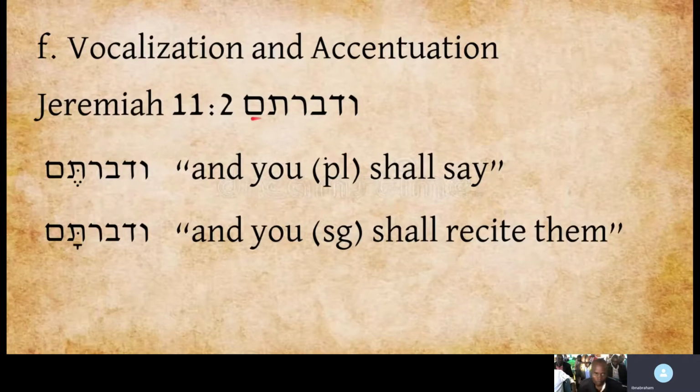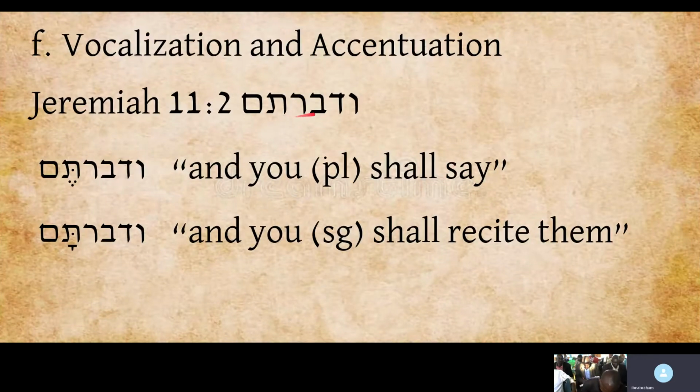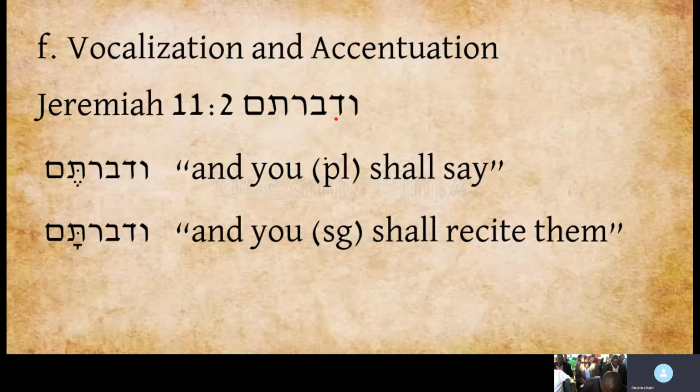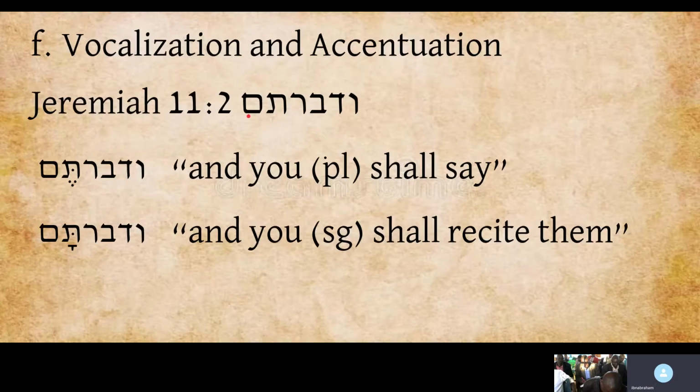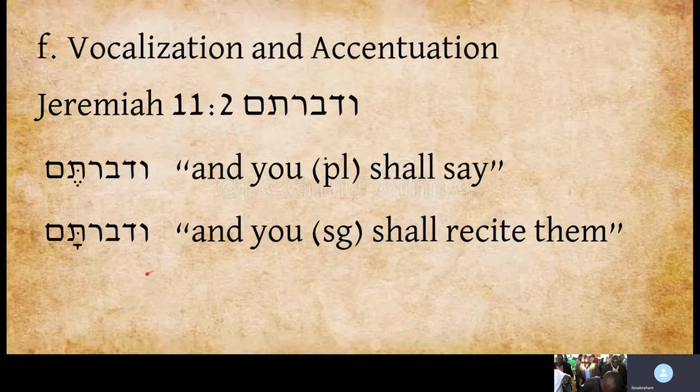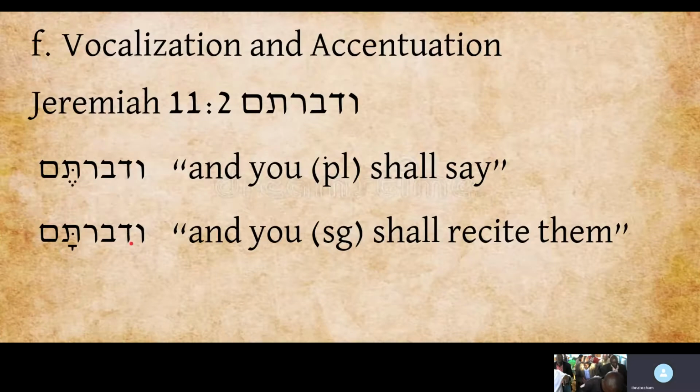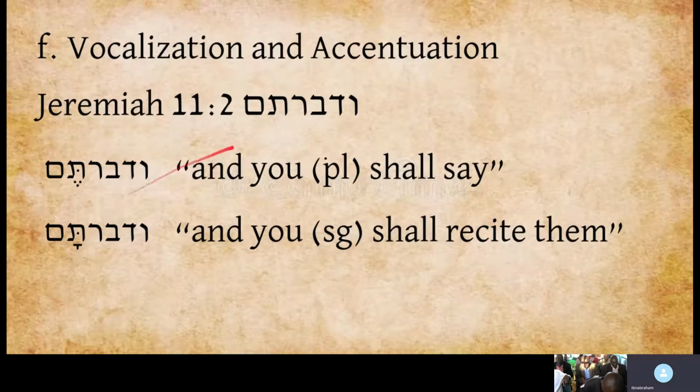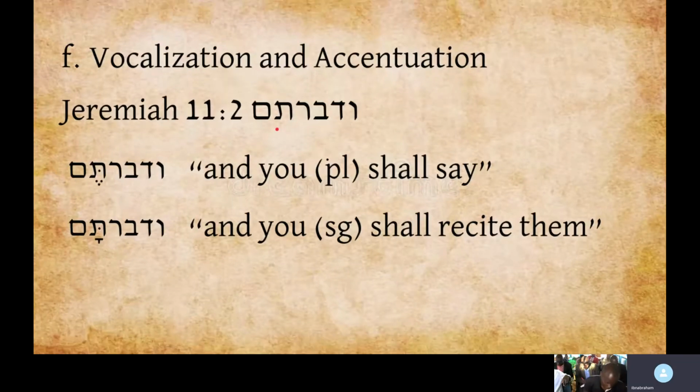This ending could be a plural you shall say, so it could be debartem, or it could be a singular you, debarta, with a third person plural object, debartam. So in some editions, you will have it pointed debartem. In some places, debartam. It's the same consonants. It doesn't affect the textual base, but it does affect the meaning, as you can see. So this one is, and you shall say, and this one is, and you shall recite them.